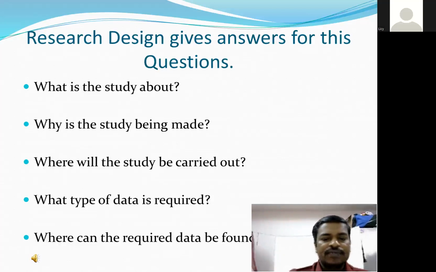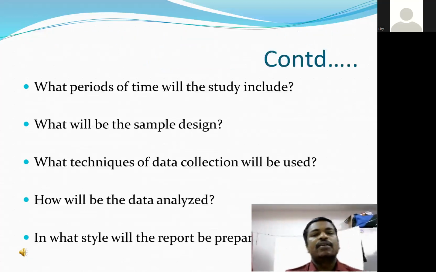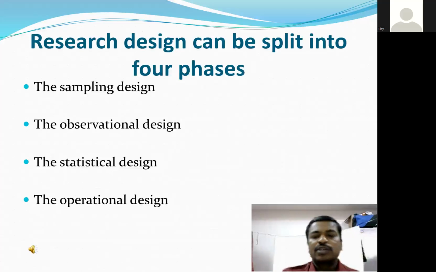So these questions have been answered. What way, what period of time, what will be the sample design, what techniques of data collection will be used, how will the data be analyzed, what style will the report be prepared in. So these things. And then the research design can be split into 4 phases.